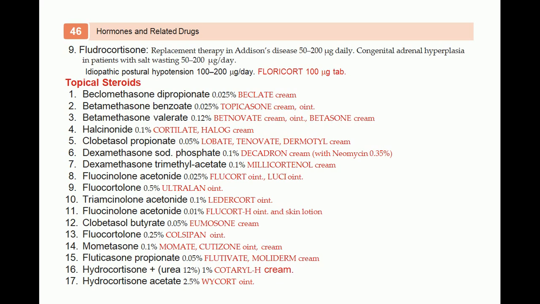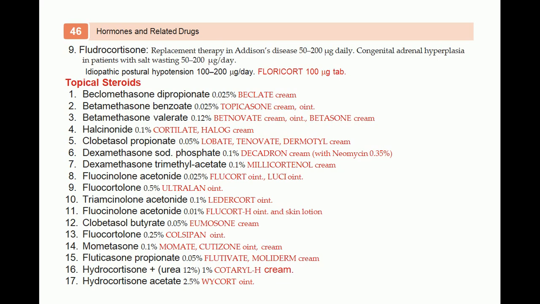Fluocinolone acetonide 0.025%, that is Flucort ointment, or many more like Fluocortolone 0.5%, such as Ultralan ointment. Triamcinolone acetonide 0.1% and fluocinolone acetonide 0.01% are available under the trade name Flucort H ointment and skin lotion, so they are available as lotion as well as ointment.